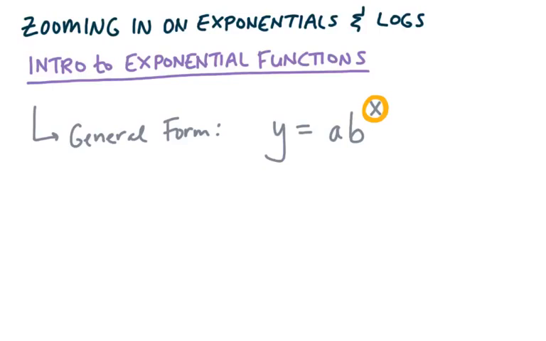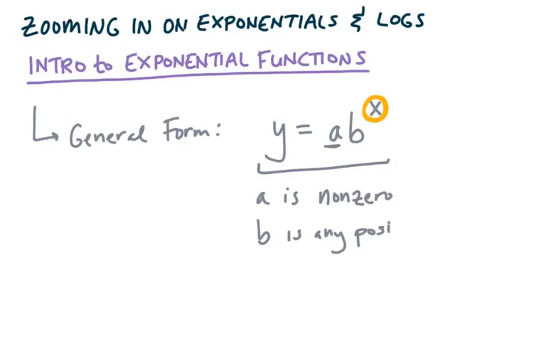The other thing, this is kind of just a technicality, but I should say it, is this form is true for any non-zero number a. So a, that little coefficient up front, is a non-zero number. And then b is any positive real number such that it's not equal to 1.